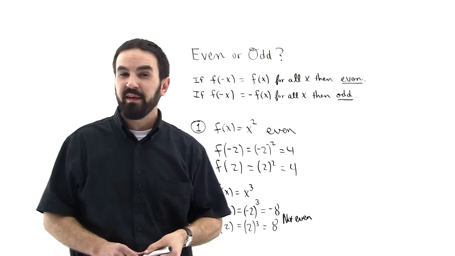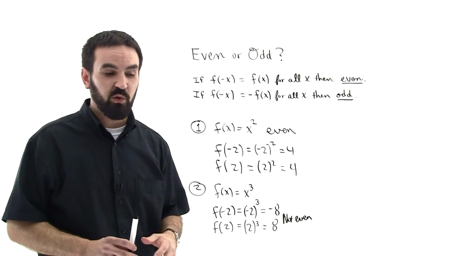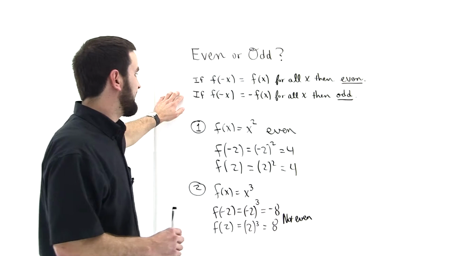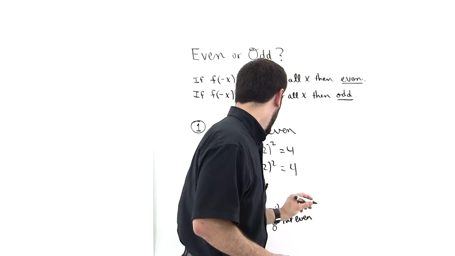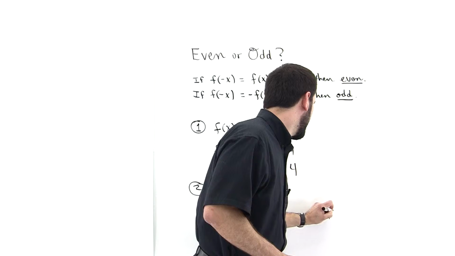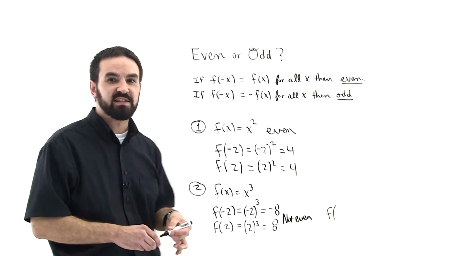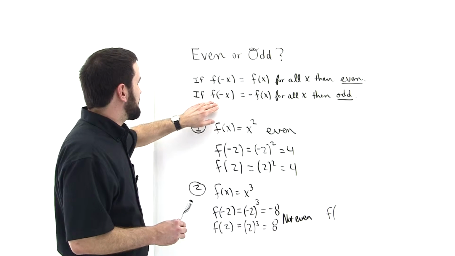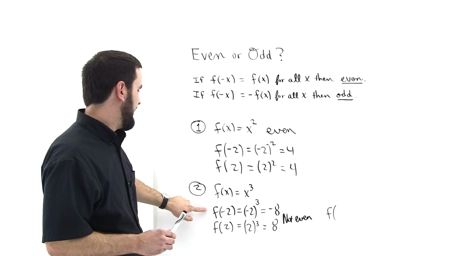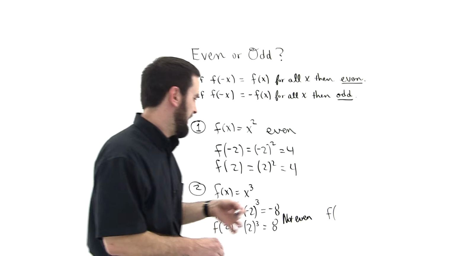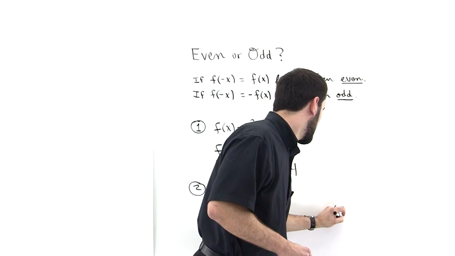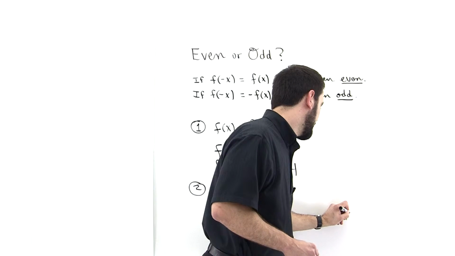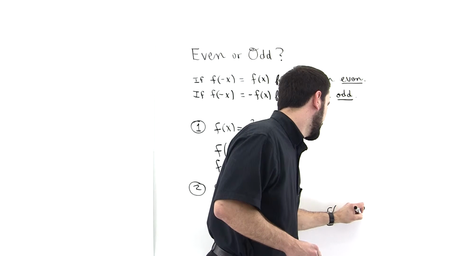But it might not be odd either. There are situations where a function is neither odd nor even, and so we need to test the odd condition here. So let's test the odd now. For the odd, we're using the same test point, positive 2. So f of negative 2, we already found to be negative 8. You always start by finding f of the negative test point, which is equal to negative 8.